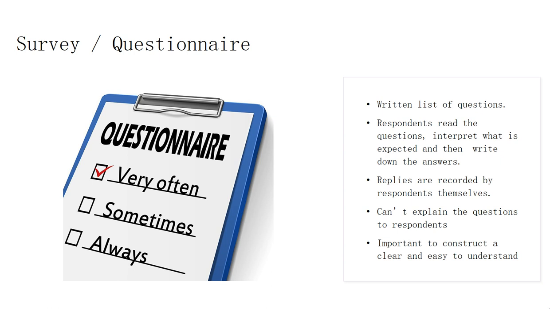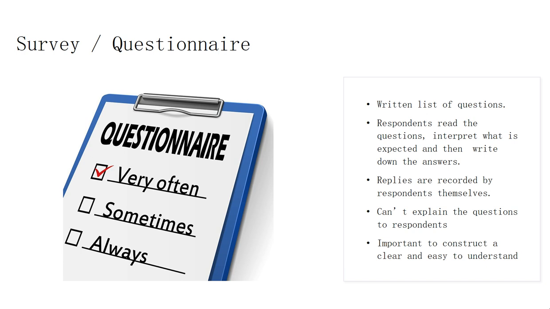Based on their own understanding, the respondents note their answers in the questionnaire form. Replies are recorded by the respondents themselves. You won't be there sitting down, listening to them and charting down the answers. Most of the time, the respondents answer directly, without any interference between you and the respondent.